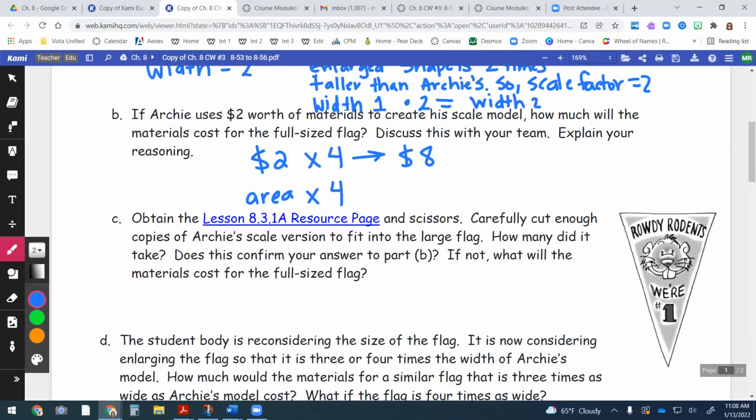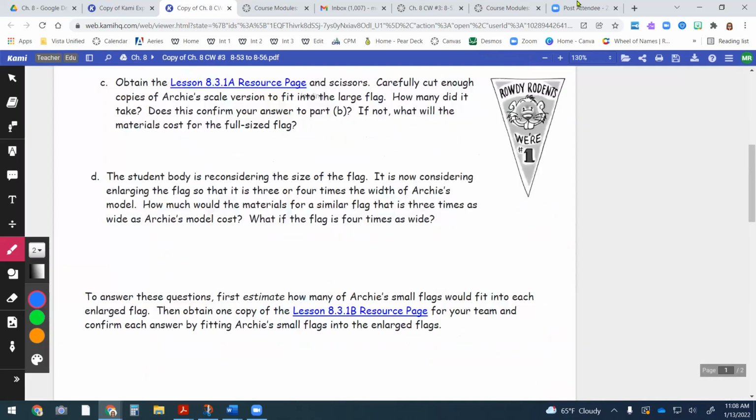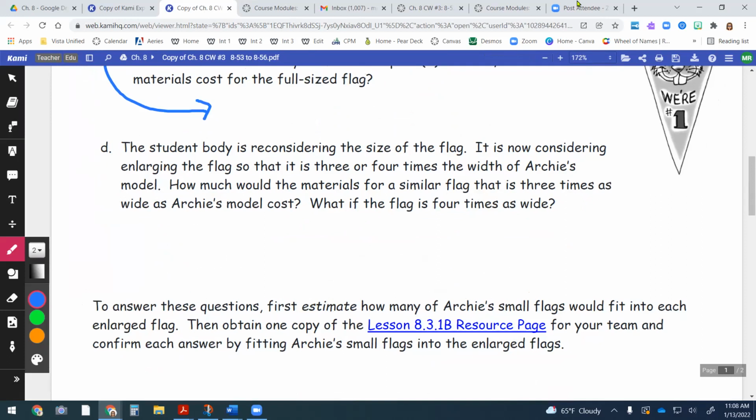So here on C, that was what we were doing. And here is where you would make your correction if you go, oh no, I thought it was 4, but now I see it's 8. So then on part D, what they wanted us to do is figure out if it's 3 times larger and 4 times larger.